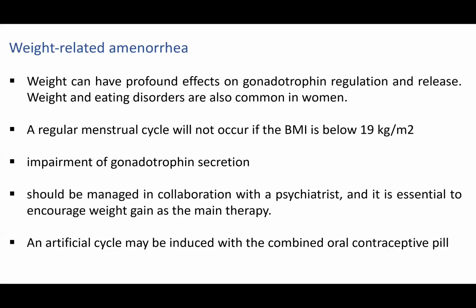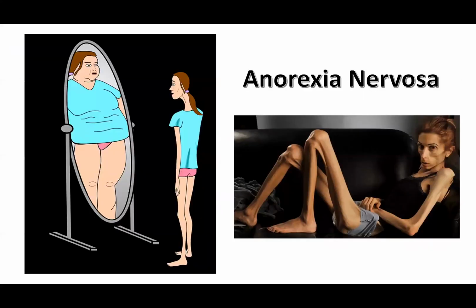There will be an impairment of the gonadotropin secretion. The management should be with a dietitian and psychiatrist at the same time if it is due to anorexia. If it's just due to a simple diet, we can just correct the weight with proper nutrition. An artificial cycle can be induced with a combined oral contraceptive pill. For example, as I mentioned, anorexia nervosa.